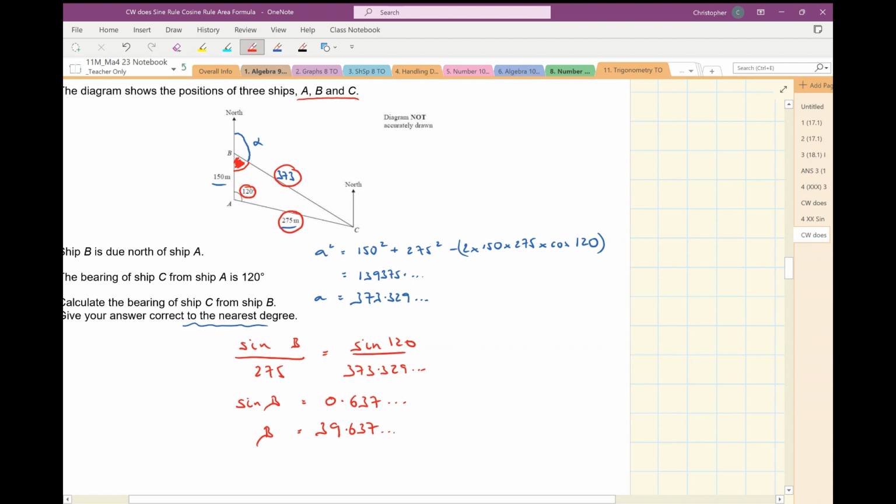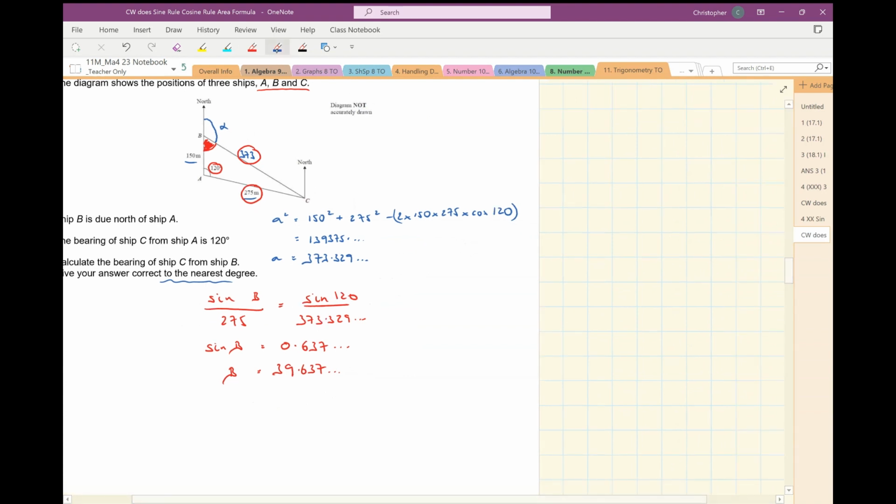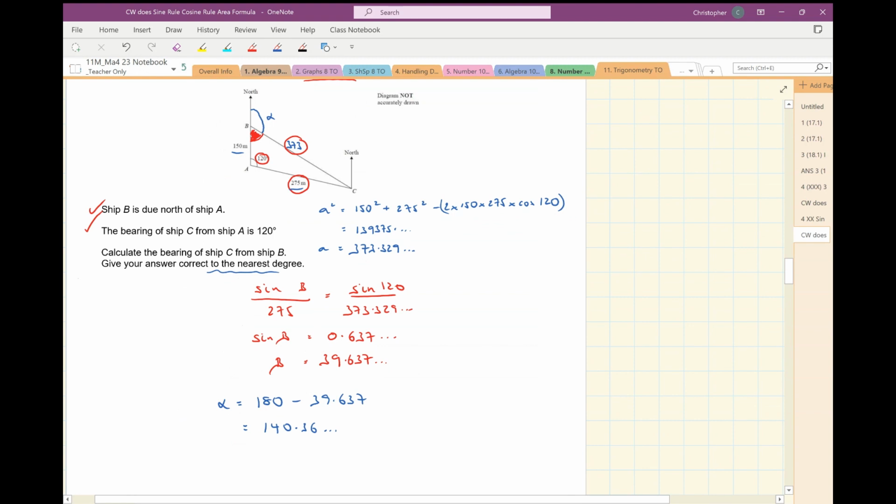Okay, so now I know this red angle here, which means that I can find alpha, because alpha will just be 180 minus that angle B, which gives me 140.36 and so on. And I'm asked to give the bearing correct to the nearest degree, 140, and it's already got three figures, look.